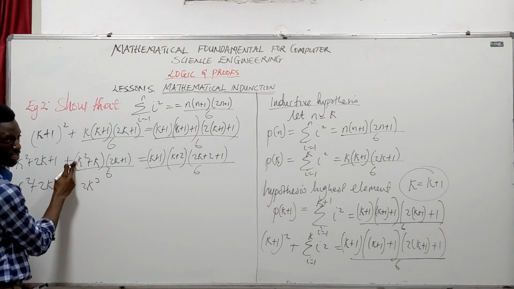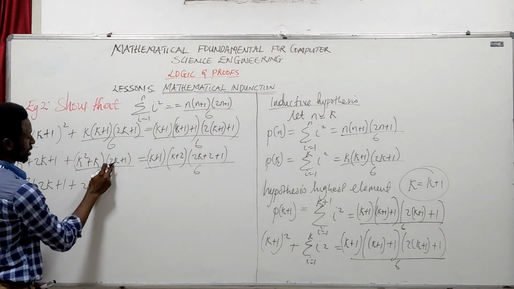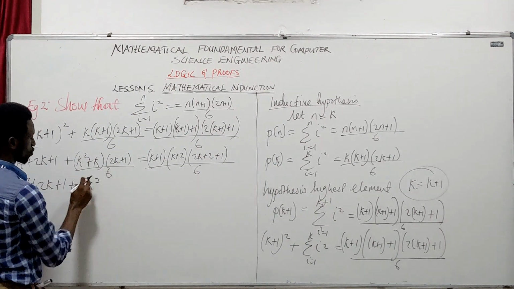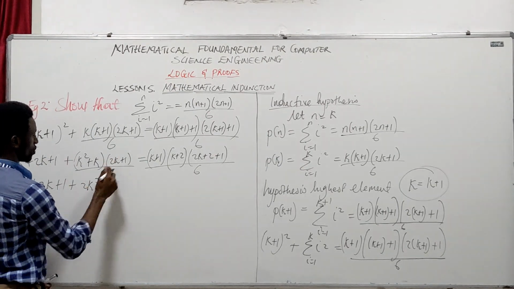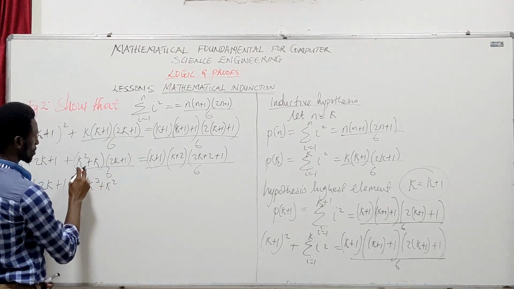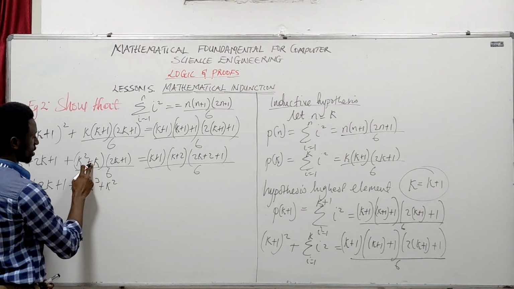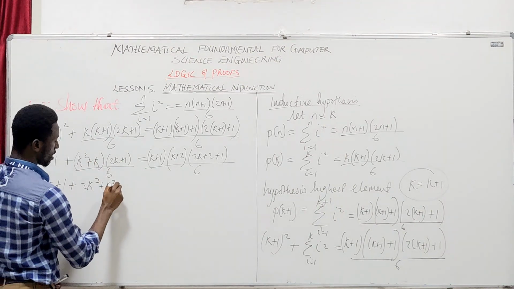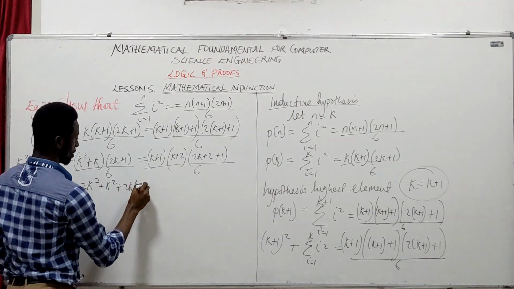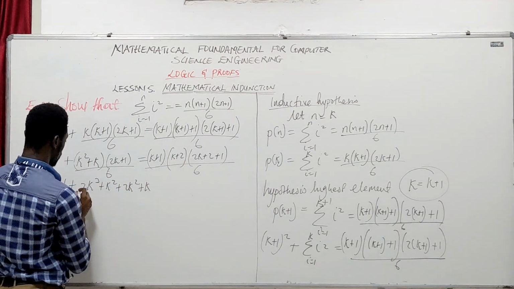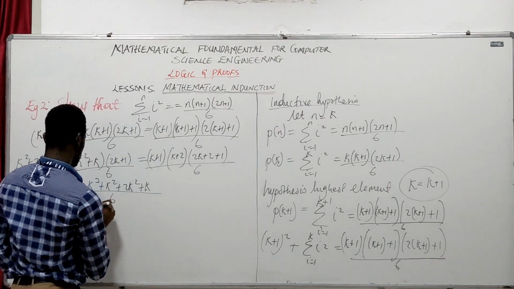The coefficient of k is 1 and here is 2, so 2 times 1 is 2, plus k squared, then plus 2k squared plus k over 6.